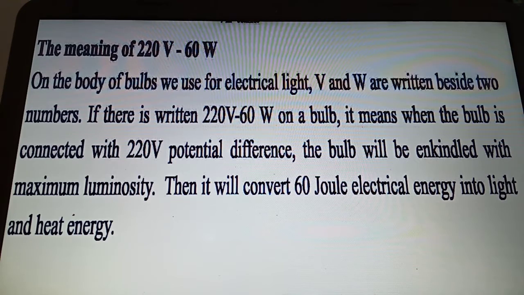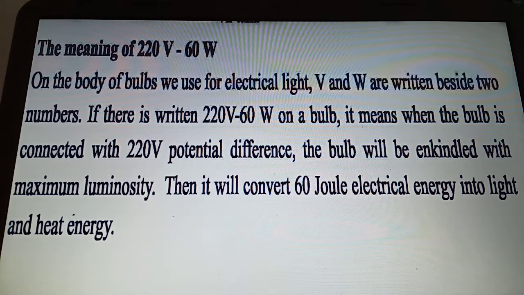Meaning of 220 volt and 60 watt. On the body of bulbs we use for electrical light, V and W are written beside two numbers.